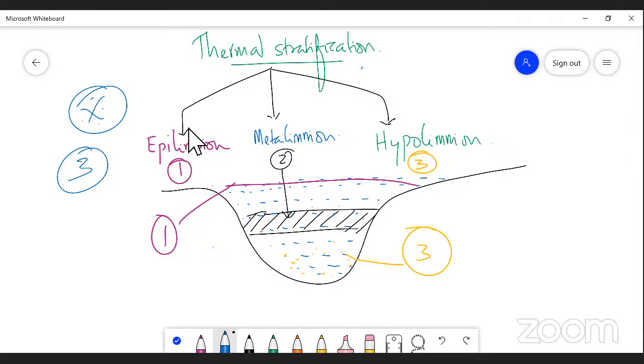Could you mention its name? Metalimnion. Then what do you understand between metalimnion and hypolimnion? Talking about temperature, what do you feel about the metalimnion? Gradual decrease in temperature. Hypolimnion, cold. When we go to the hypolimnion, what will be the nature of temperature totally? It is very cold. Very cold, very good, right?